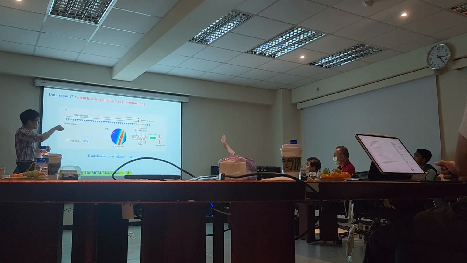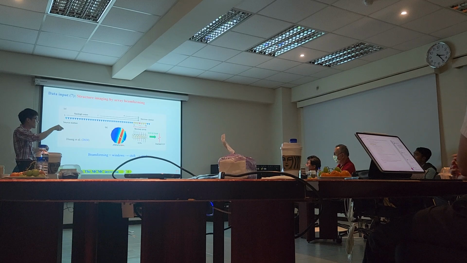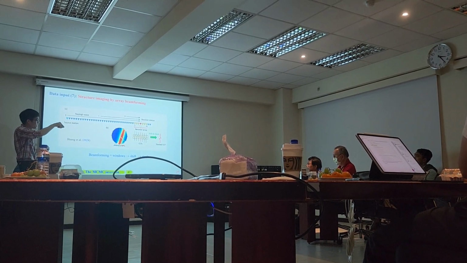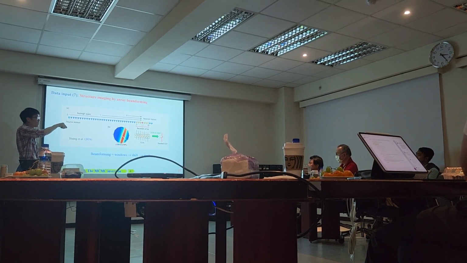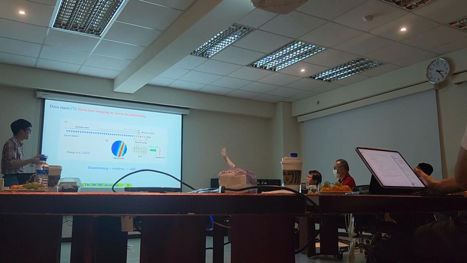From this final trace, we can construct the beamforming power diagram like this, and you can see in the example that the red color shows the area with the highest power.